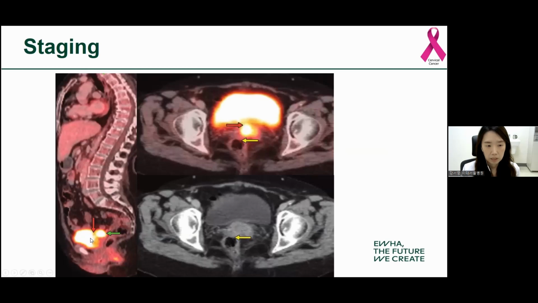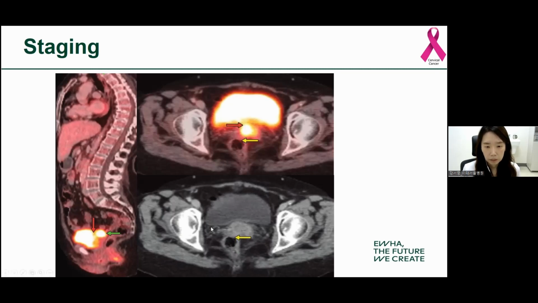The large region is probably the uterus. And there is a suspicious hypermetabolic region between the uterus posterior wall and the cervical mass here. So it means there is a high probability of invasion of cervical cancer into the posterior wall of the urinary bladder.